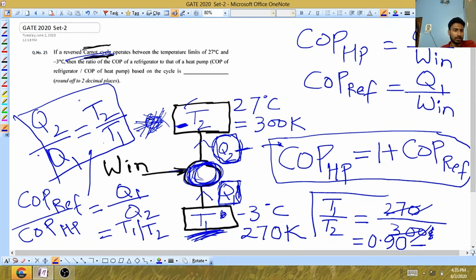So in this way you need to solve the problem, but you need to be very quick with the concepts. If you are very thorough with the concepts, you can solve the problem in just 1 minute or less than 30 seconds. So this is all for today's class, and the remaining problems that came in GATE 2020 I will discuss in the next lecture, and very soon I will start the engineering mechanics topic.